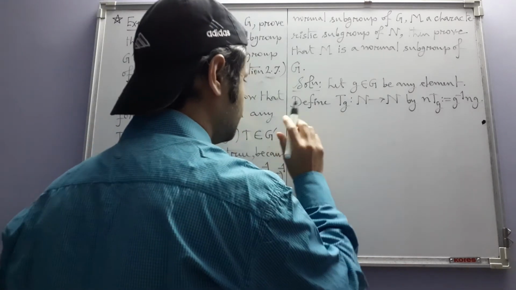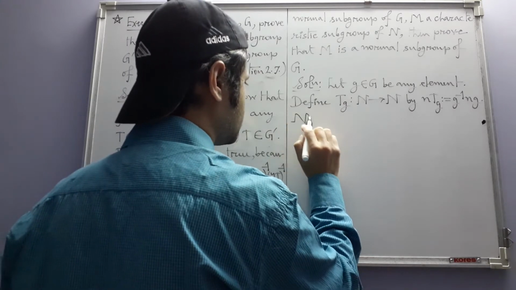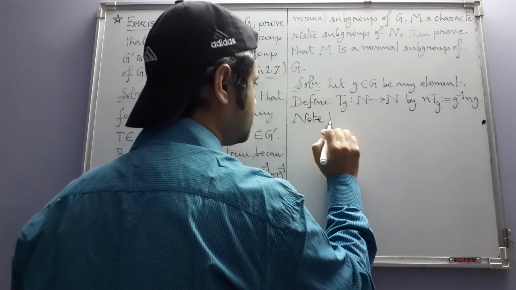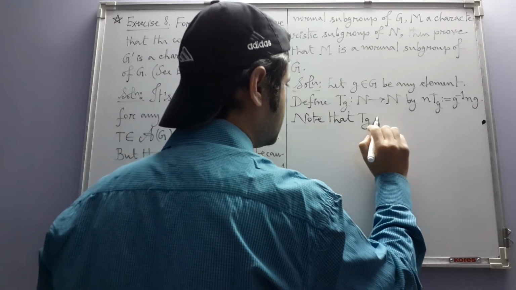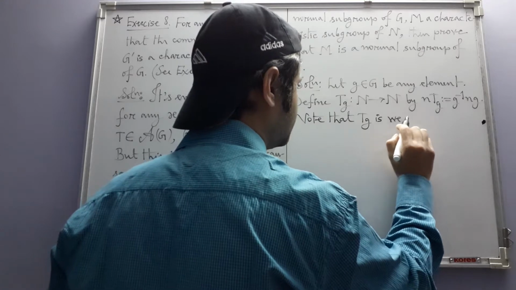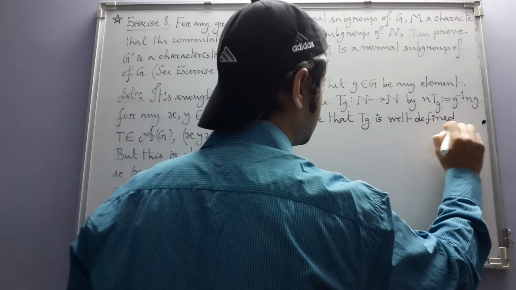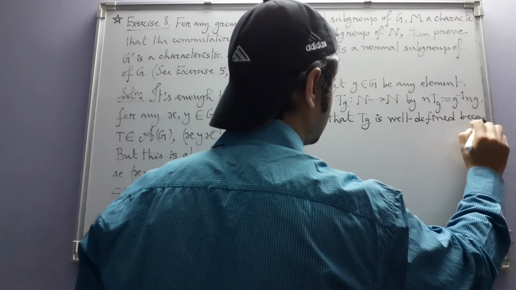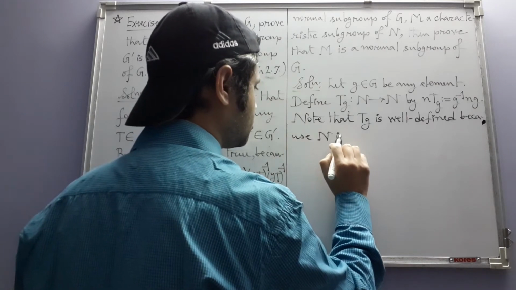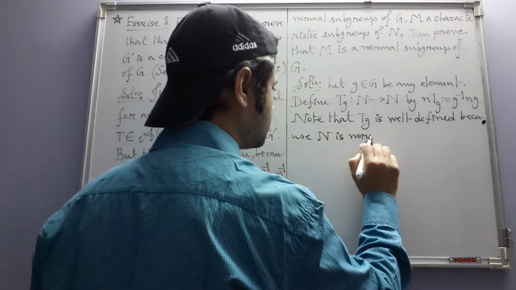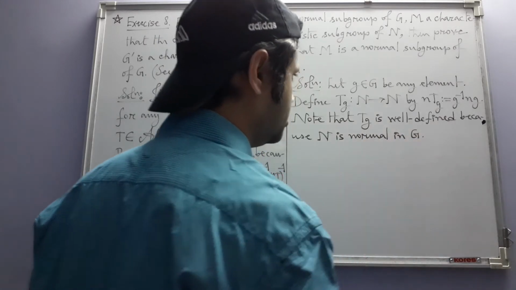So we write all of that at once like this. Note that Tg is well defined because N is normal in G.